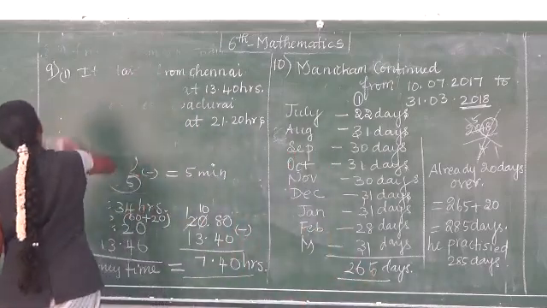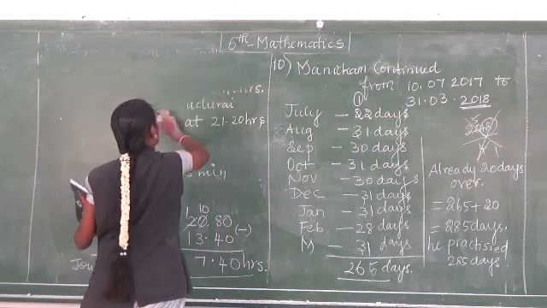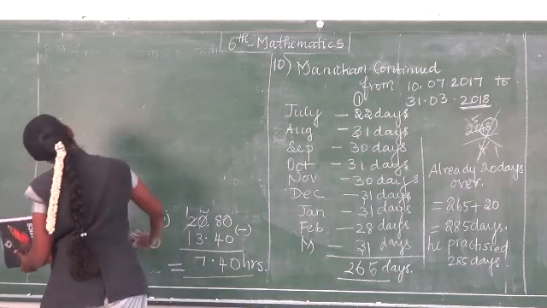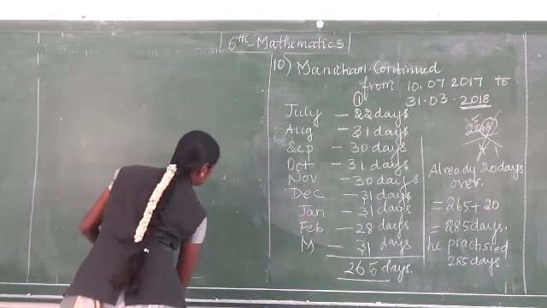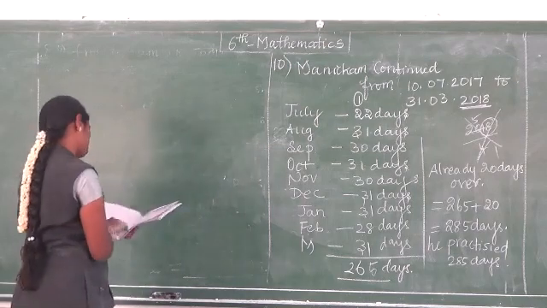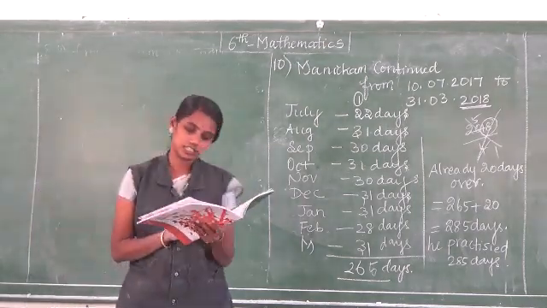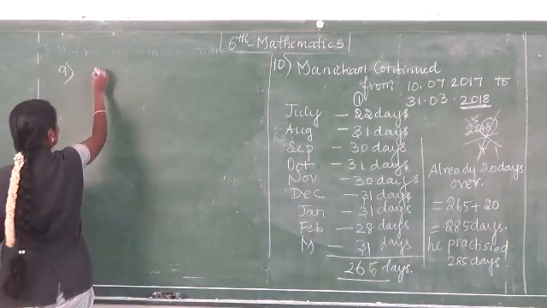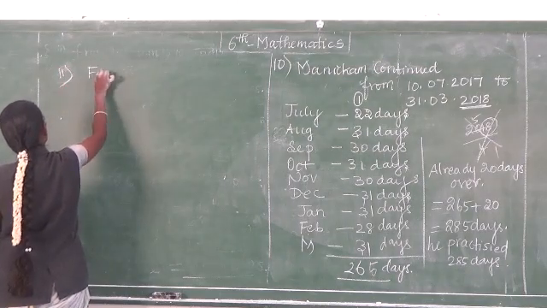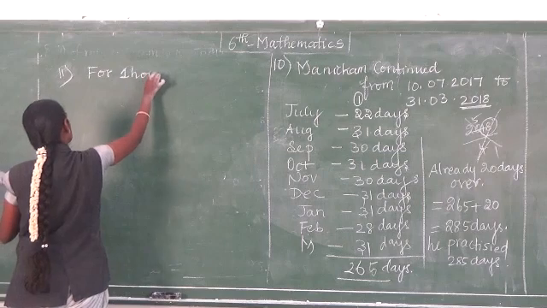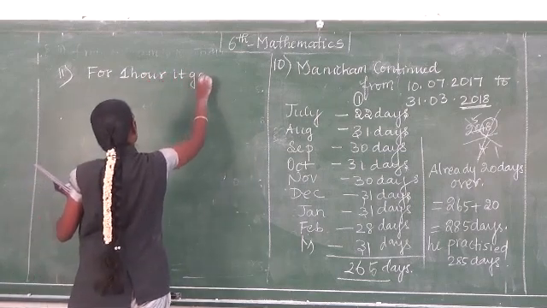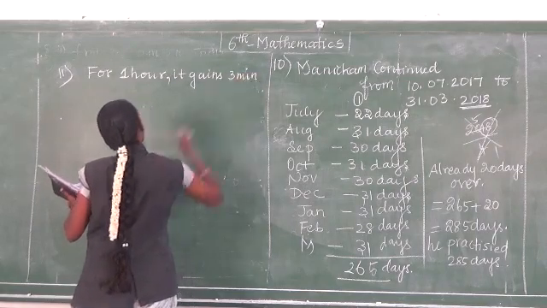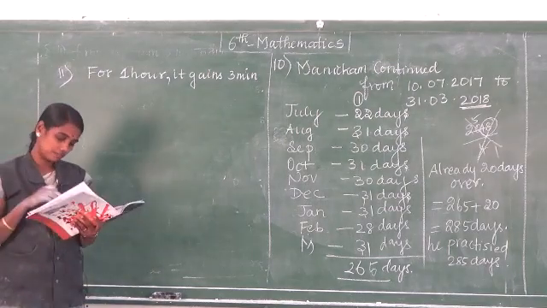Question number 11, listen. A clock gains 3 minutes every hour. Okay, for 1 hour, it gains 3 minutes.